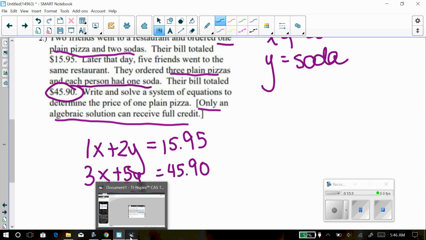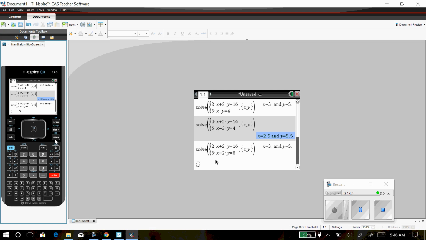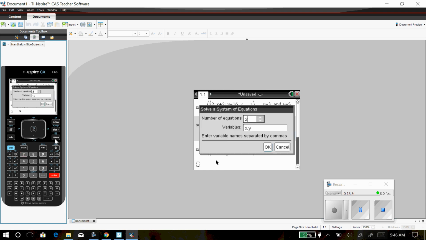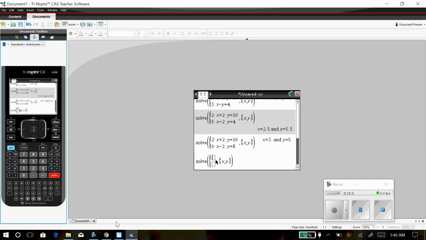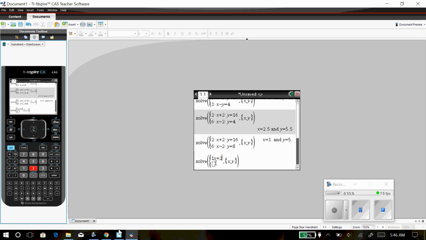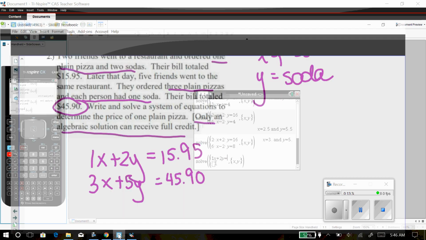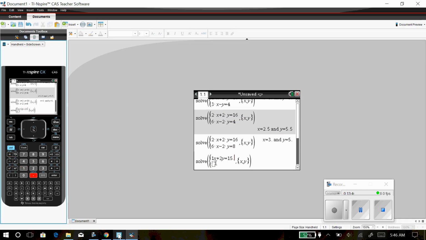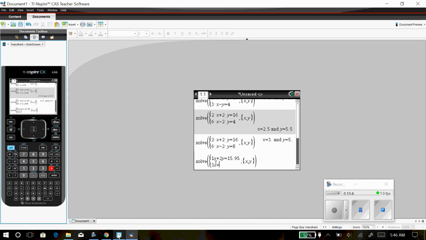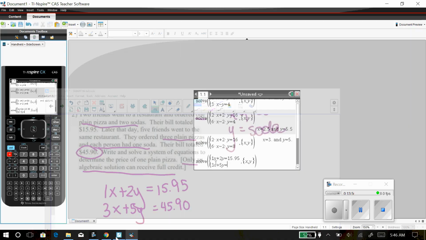Fine. Go to your calculator, algebra, solve systems of equations, 1x plus 2y equals 15.95, 3x plus 5y is 45.90.